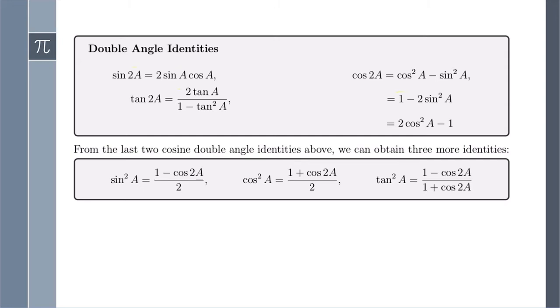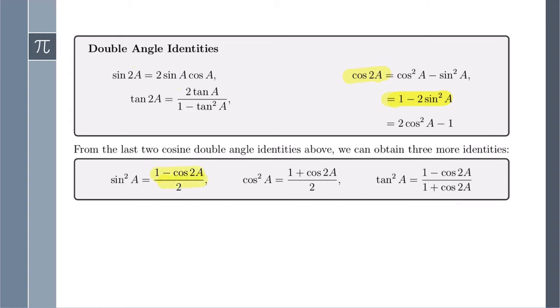Now if we take the last two double angle identities for cosine, for example, cosine 2a equals 1 minus 2 sine squared a, and solve for sine squared a, we will get this one.